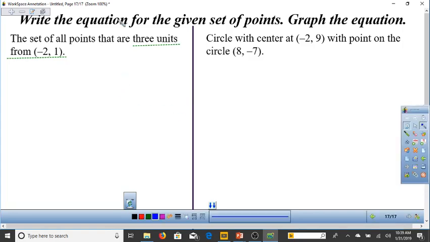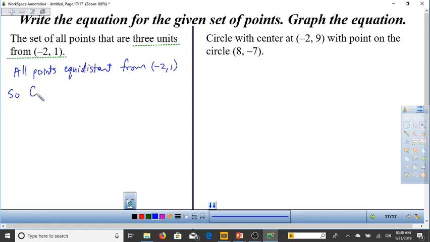So what we're saying here is that all points equidistant, that means of equal distance, equidistant from the point -2, 1.